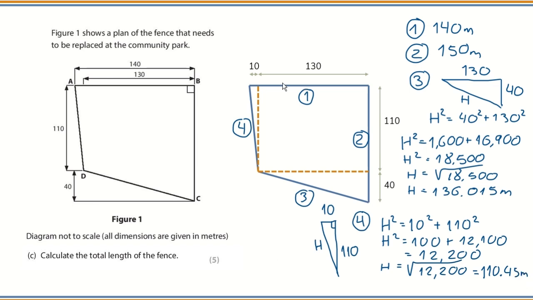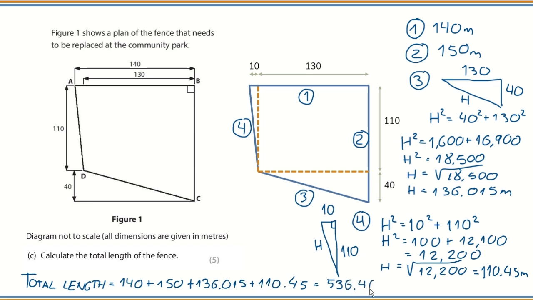After calculating the length of each side, we need now to add them all together to calculate the total length. 140 plus 150 plus 136.015 plus 110.45, and this is 536.465 meters.